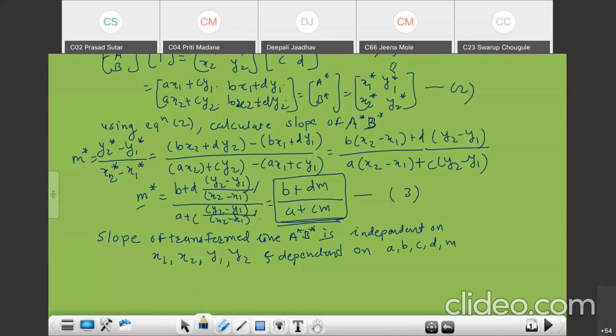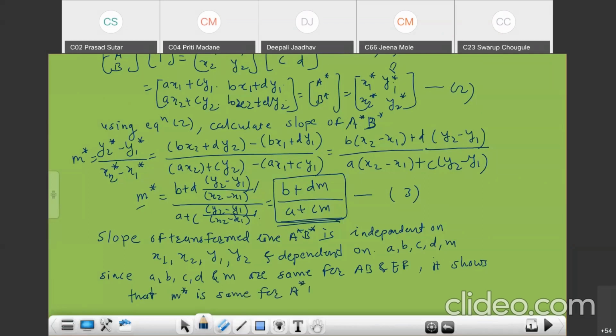Since a, b, c, d and m are the same for AB and EF, it shows that m star is the same for A star B star and E star F star.